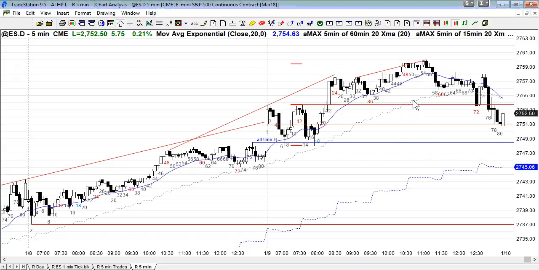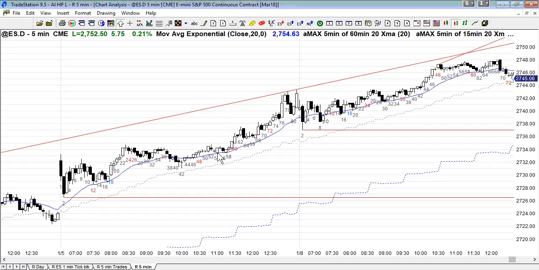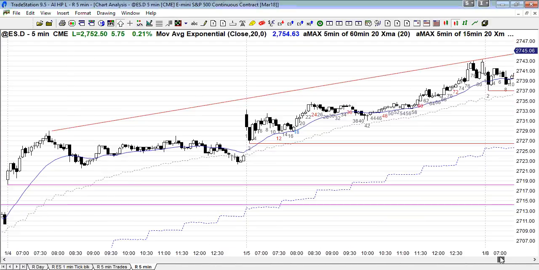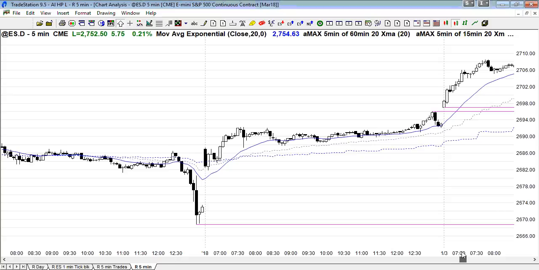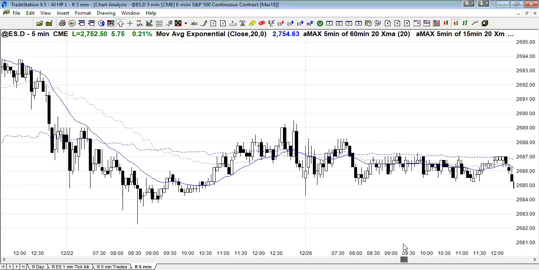For example, if you're buying high twos in a bull trend, it's nicer to have a bull bar like 37. High 1, high 2, decent bull bar above the moving average. High 1, high 2, decent bull bar. And if you're trading reversals, we haven't had a lot of really good reversals this week because we've been just going straight up.